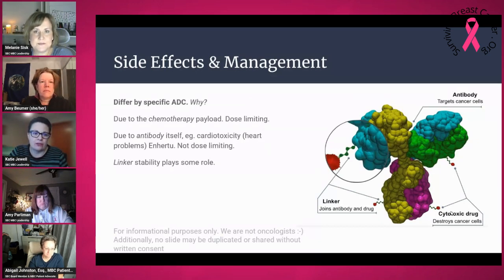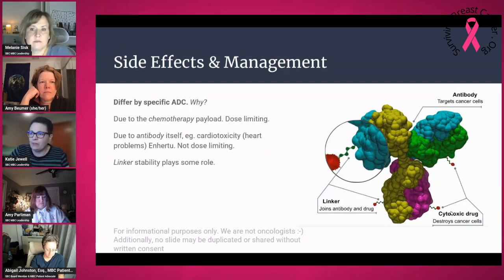Our oncologists have to watch closely the different side effects that can come from either the chemotherapy drug or the antibody itself. And sometimes the linker stability can play a role as well. How well the linker keeps the antibody and the chemotherapy together until they actually get to the target in the cell can impact how severe the side effects are for us, patients on those drugs. So next slide, please.